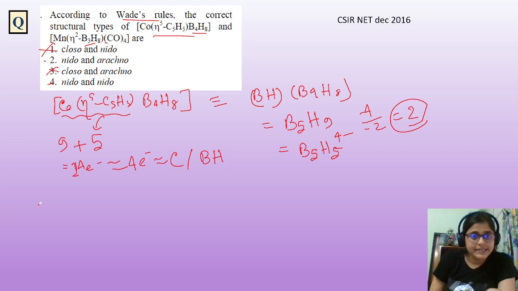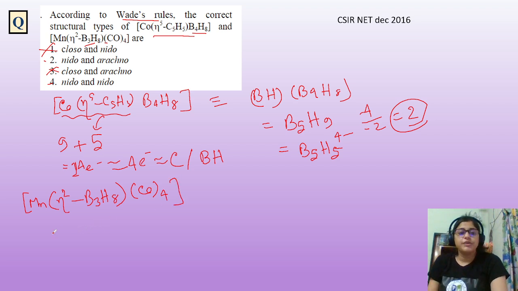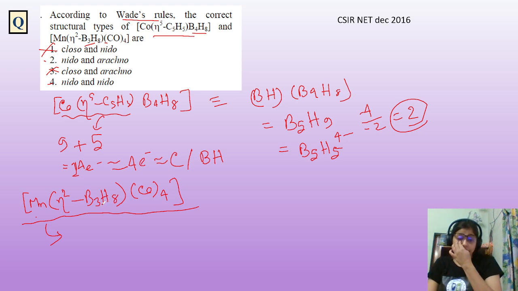So now the second case, this is Mn η2 B3H8 and CO4. Fine. So we know that total electron count for this, what will be the total electron count? Right? So for that actually, this is not a boron cluster the question, but it is only acting as a ligand here.